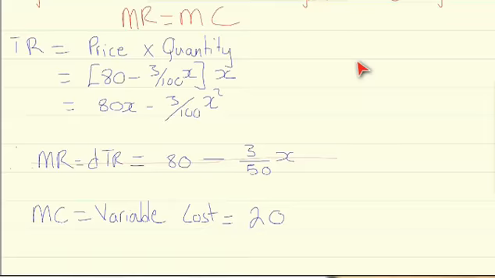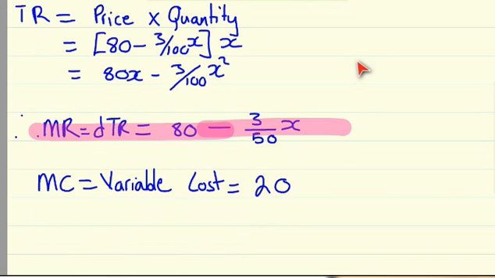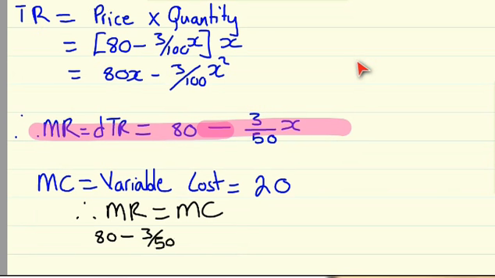Then I'm now going to solve my equation. Therefore, MR should be equal to MC for me to maximize profits. I know my MR. My MR is 80 minus 3 over 50 x, which should be equal to my MC. MC is equal to 20.